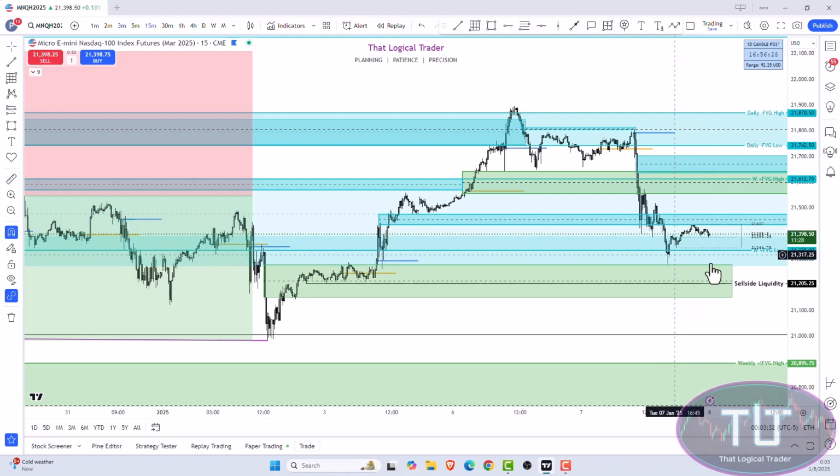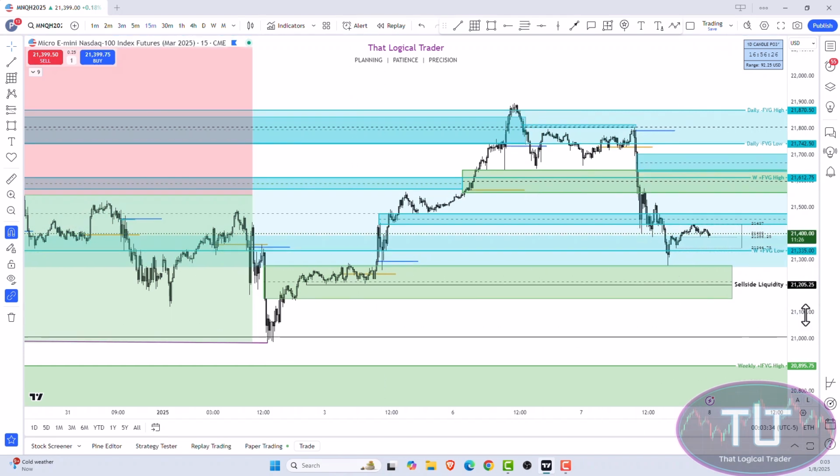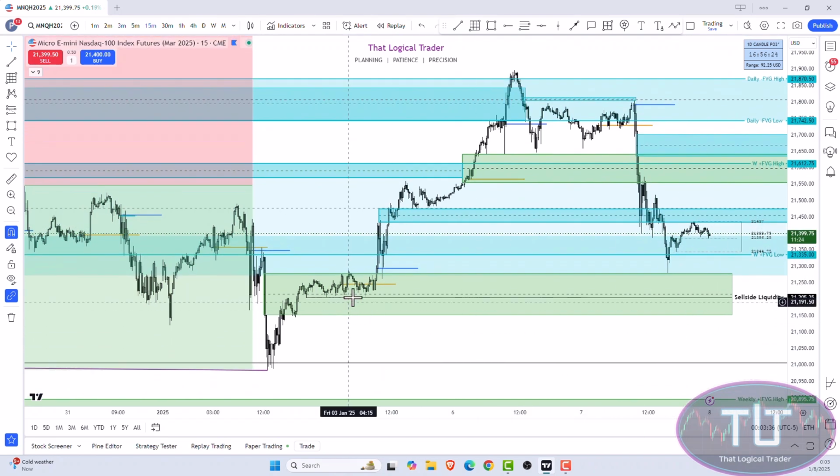So here we are. Now what I'm looking at is these are some clean lows here, the engineered sell side liquidity. So I'm looking at this 4-hour fair value gap. If we don't get too much upside and start displacing lower from here, then I would go with the mindset that okay, we don't need to get up here.